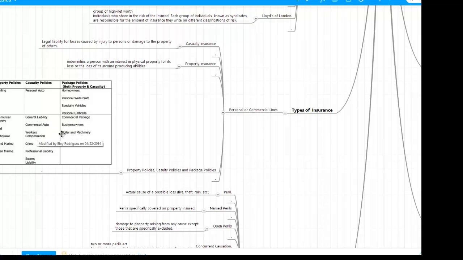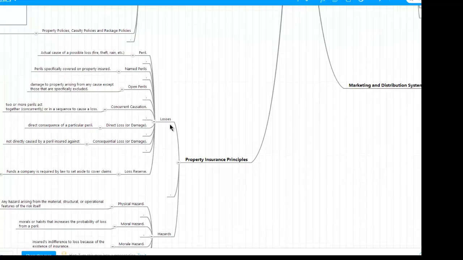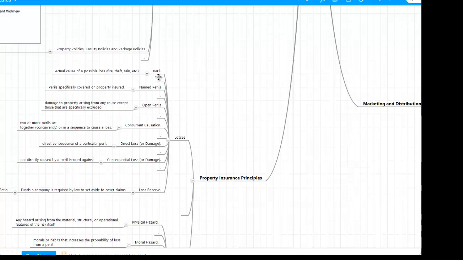And then for a company with a lot of machinery, you would again have a package that would cover the commercial property and the general liability side in one package. Now, let's talk about some property insurance principles. You have losses, and you have the hazards that cause the losses. Let's talk about perils. Well, perils are many.